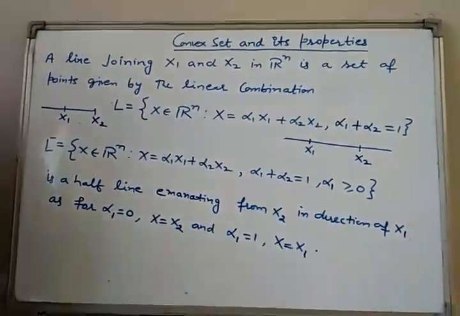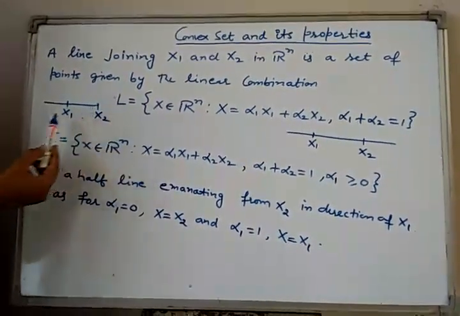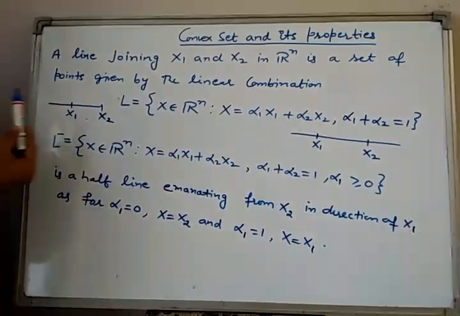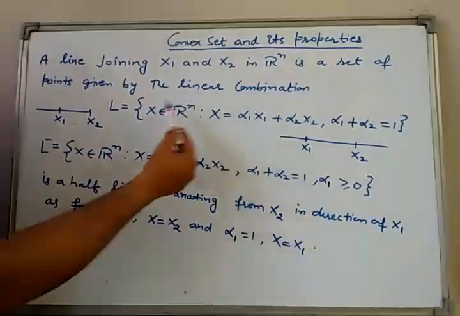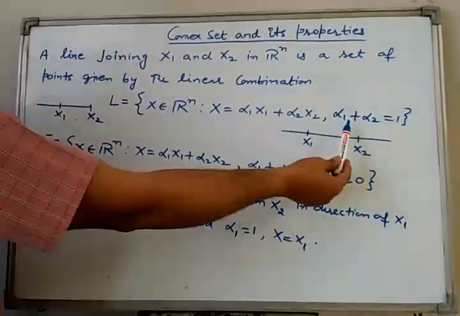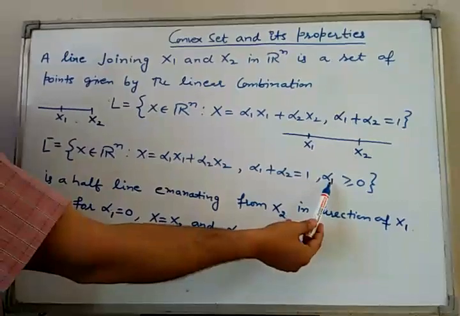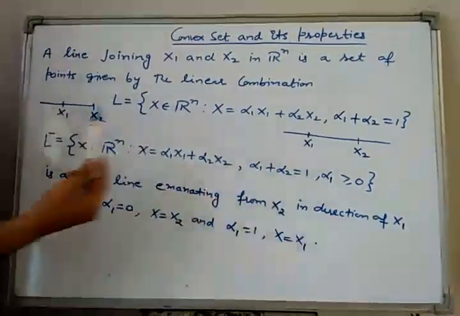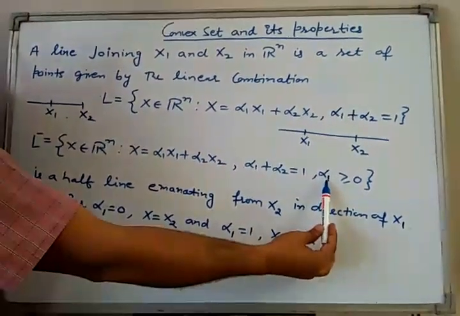This is the equation of the line joining points x1 and x2. If we implement a new condition here such that alpha 1 is greater than or equal to 0, we get the equation of the half line. What is the least value of alpha 1?